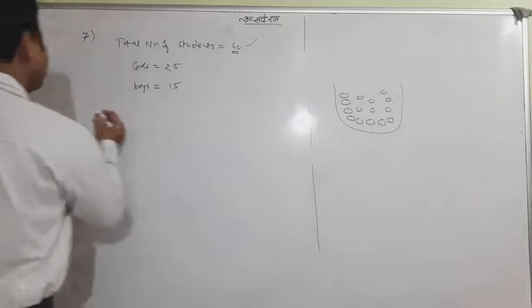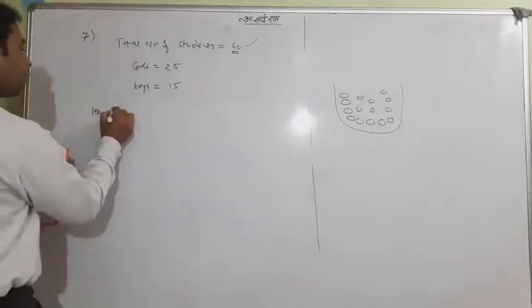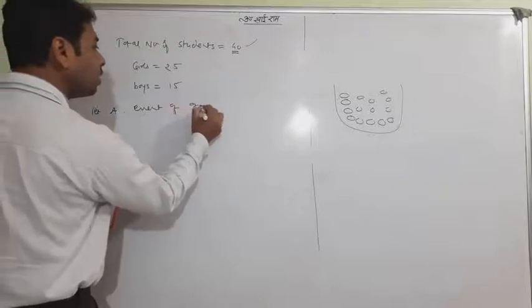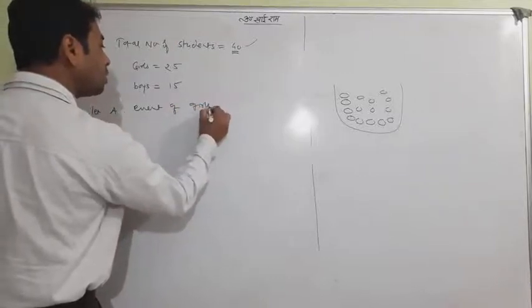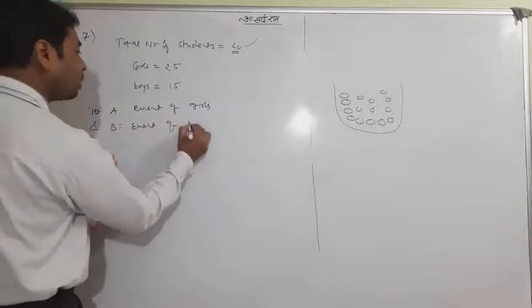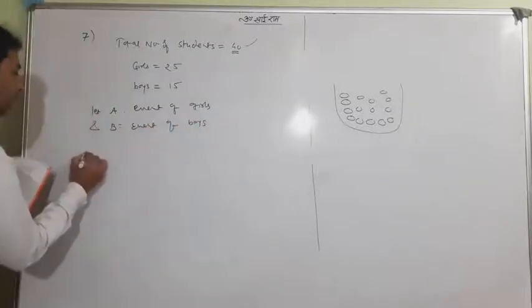So I would write here that let A be the event of girls and B the event of boys. So what is the question?